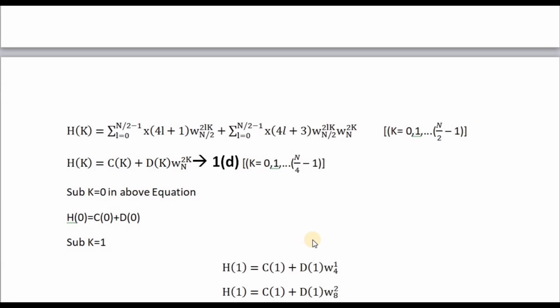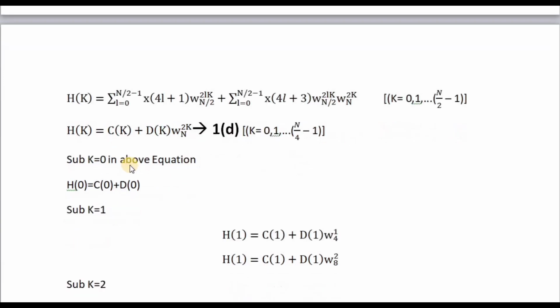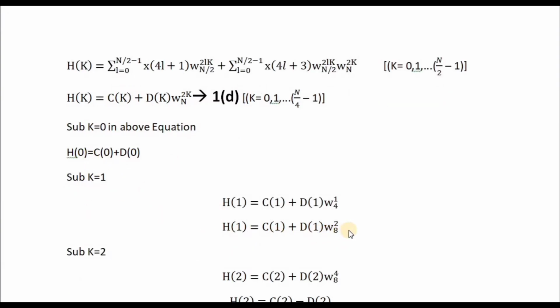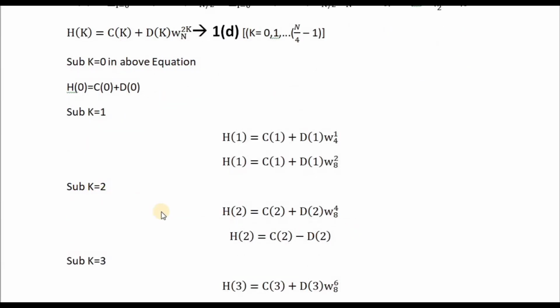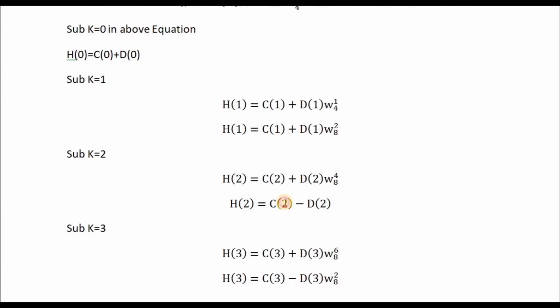So if I substitute, k ranges from 0 to 3, right? But C of K is ranging from 0 to 1. Okay, so up to 0 to 1, these two equations are correct. But if I go for K is equal to 2, you have to follow C of 0, A of 0, and you will get W8 of 0.